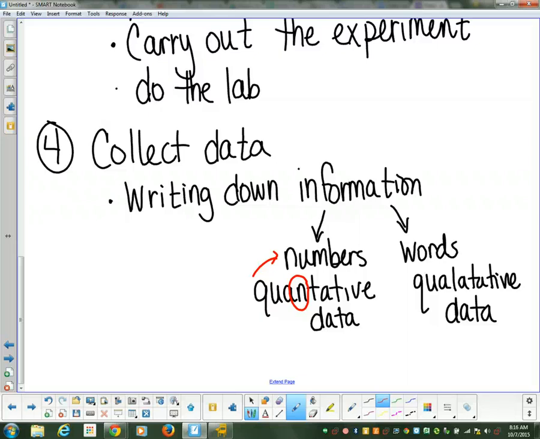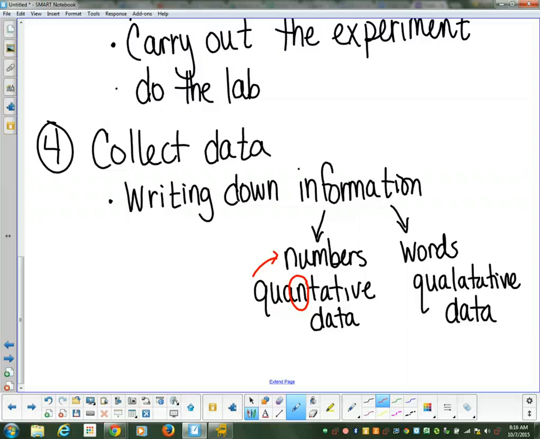It's numerical data. Can anybody think of an example of how we could record data using just words? Yeah. Like when we did the saltwater and river water experiment, we wrote down what we saw, so in words. Okay. So words could be like just ideas that you saw, like your observations.